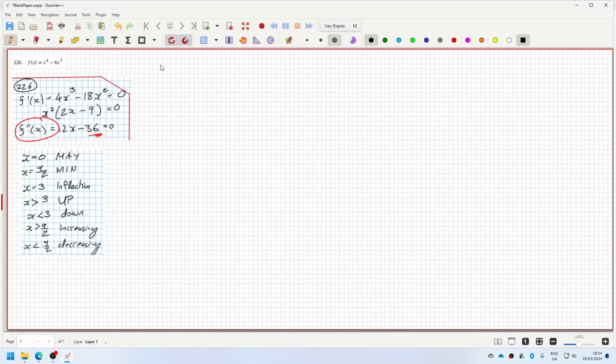So the first derivative is correct. X power 4 minus 6x cubed. So the first derivative is 4x cubed minus 18x squared. Take out the x squared.